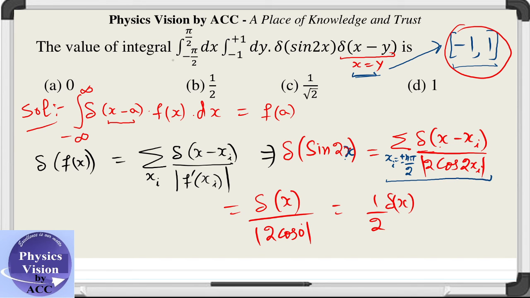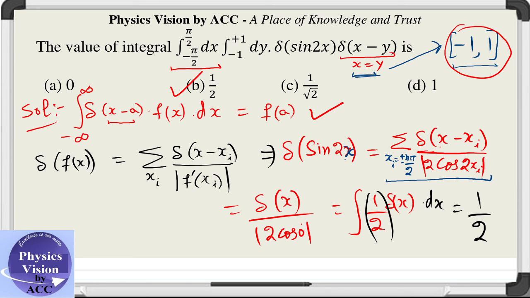Now when we integrate it by making use of this formula, we get the integral of this with dx. What is this equal to? This is equal to this function only at x equal to 0, that is 1 by 2 only, and hence we have option B as the correct answer to this question.